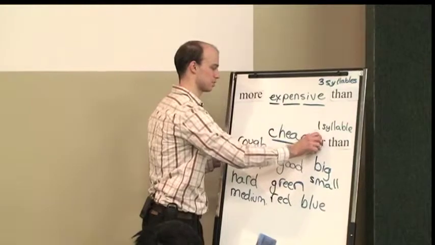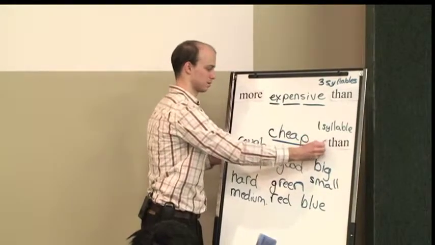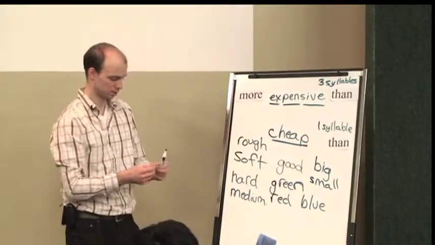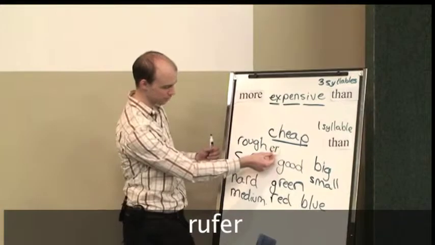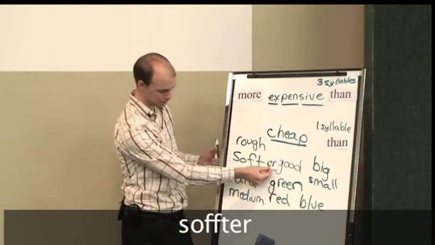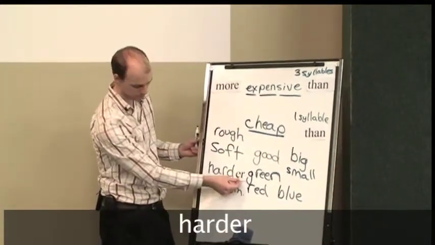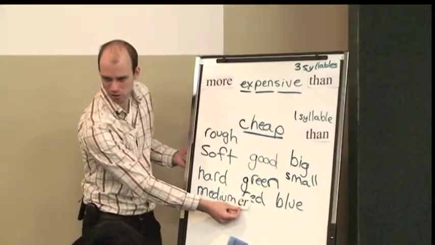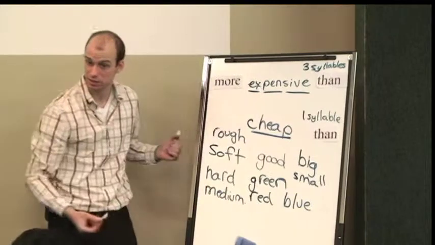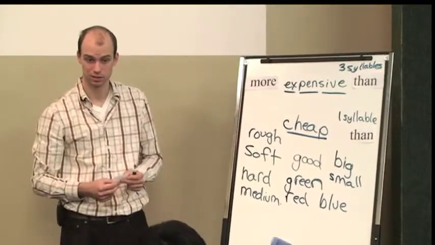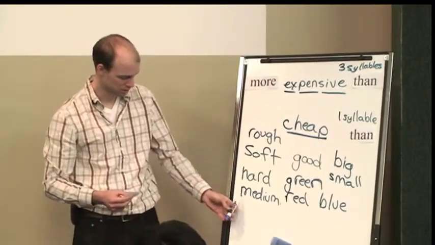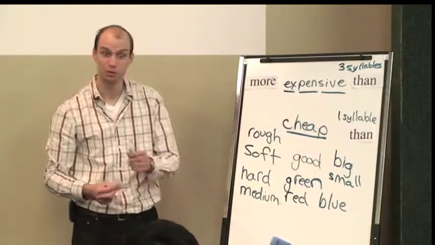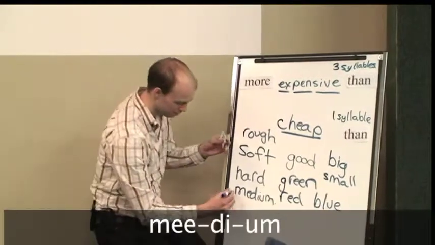Okay, let's pull this off for a minute. So we have rougher, softer, harder. Does this work? Mediumer? No. Why not? 3 syllables, that's right.